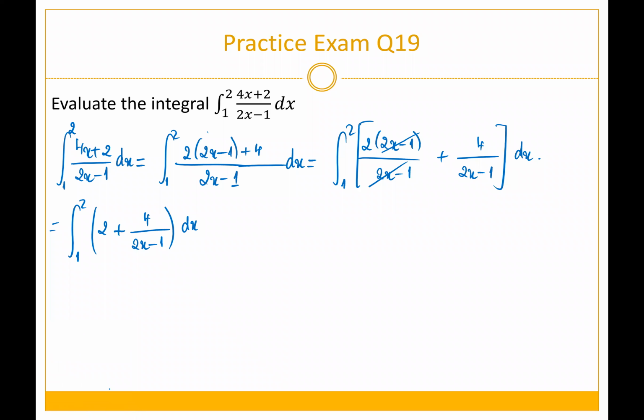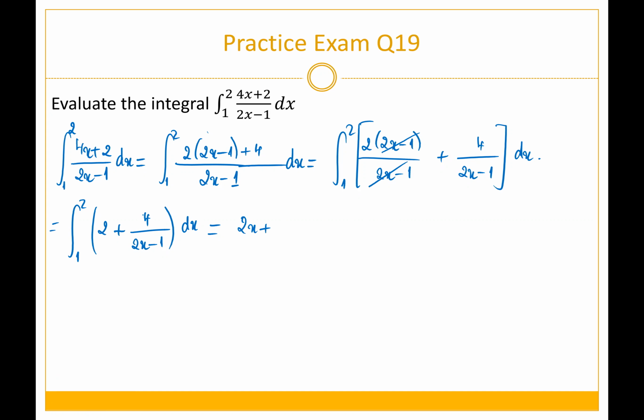But anyway, let's go back. After we get to this point, here we have to take the integral first. So we have 2x plus, and I think you made a mistake as well, Kyrie.